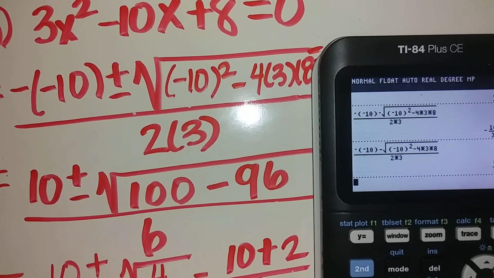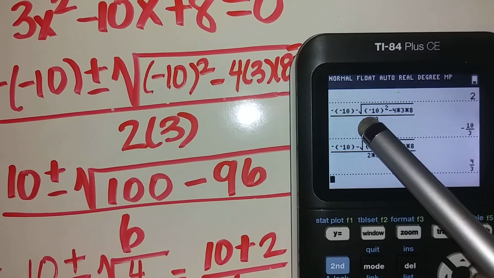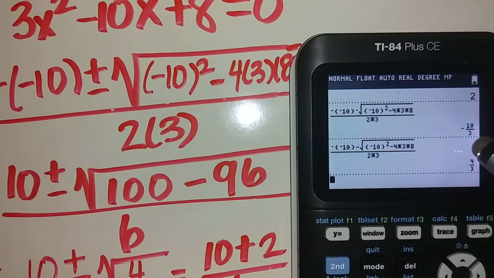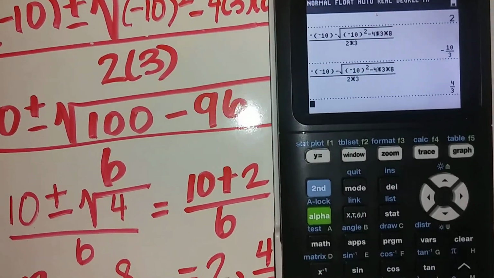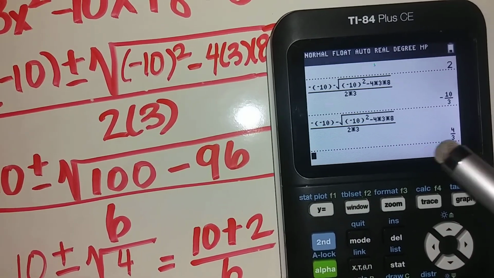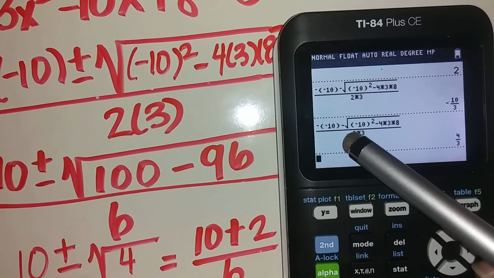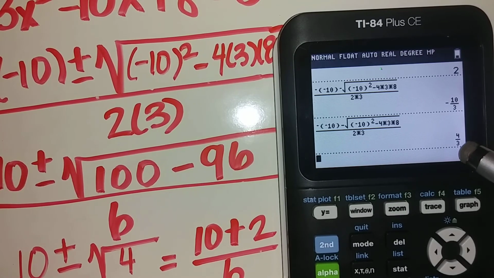Very good observation. I want you to notice right here, I put the negative sign down, and it gave me an answer, but the answer was not correct. The answer was negative 10 over 3, and the answer we got was 4 over 3. But when I went back and copied and pasted again and did the minus, it gave me the correct answer, 4 over 3.